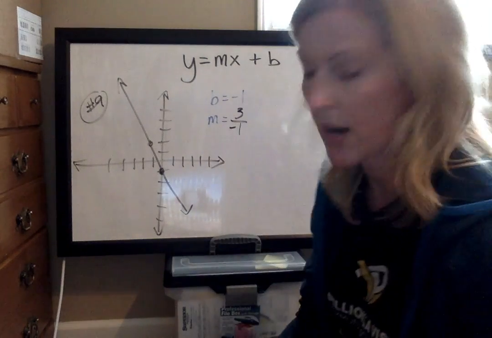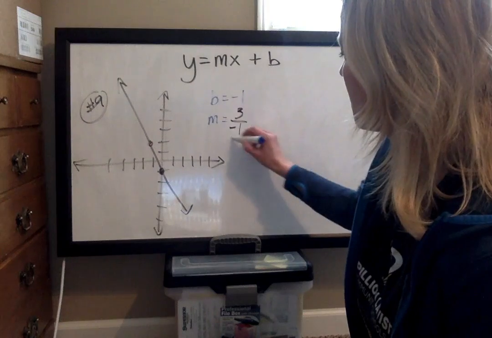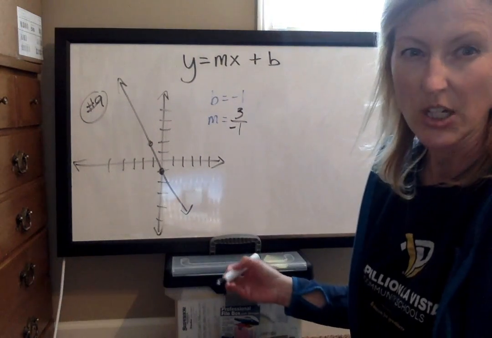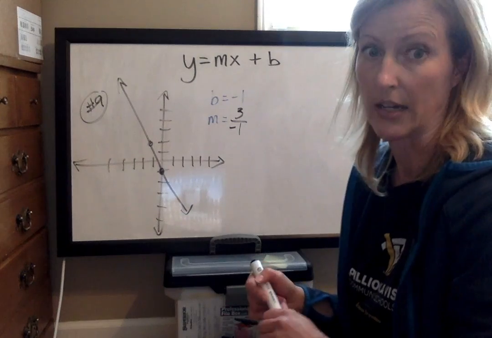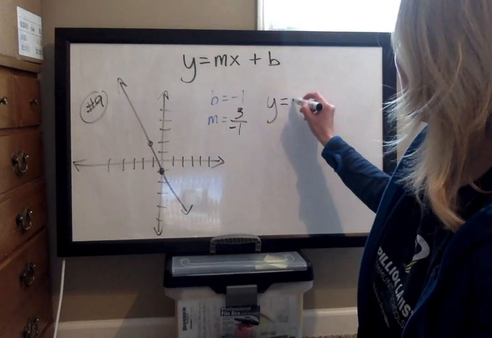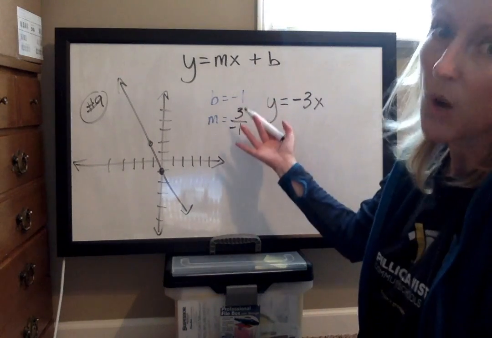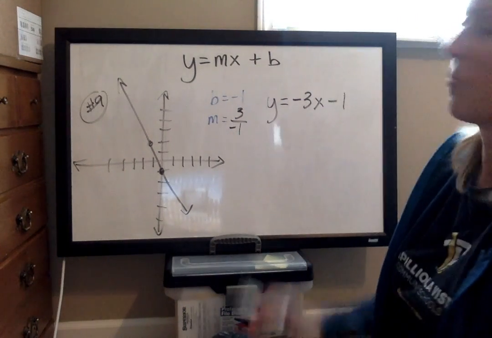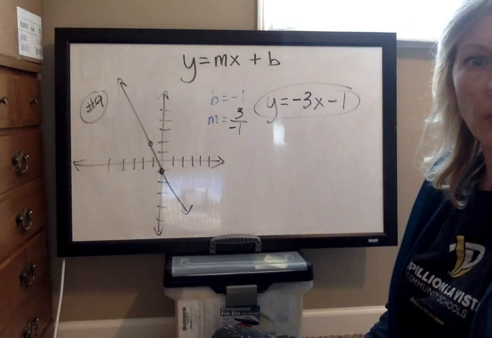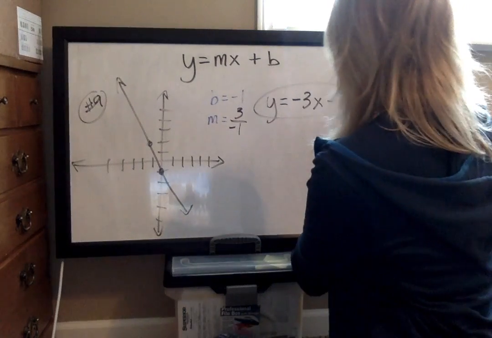When I write out my equation, I'm not going to write the slope as a fraction. I'm going to reduce that to just -3. So I write y equals -3x. Now I know my y-intercept is -1, so I'm just going to write it as -1. There you go. That's number 9. Easy peasy, right?